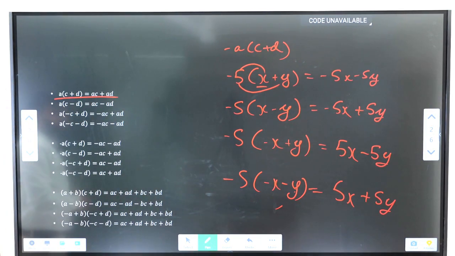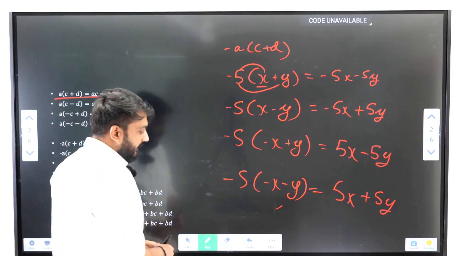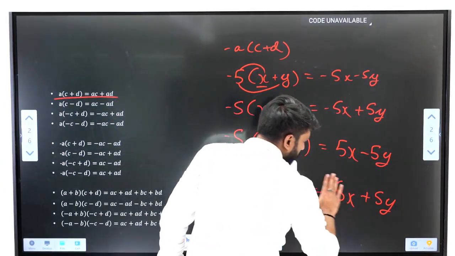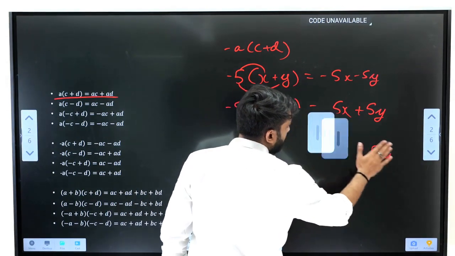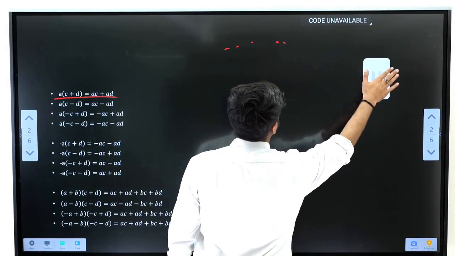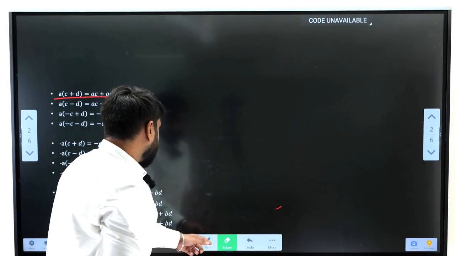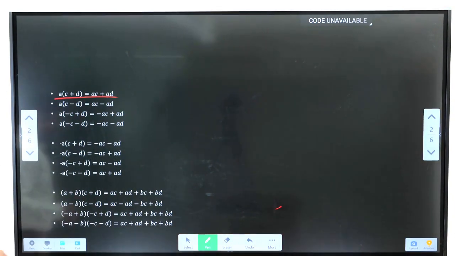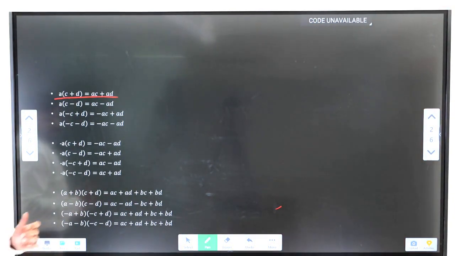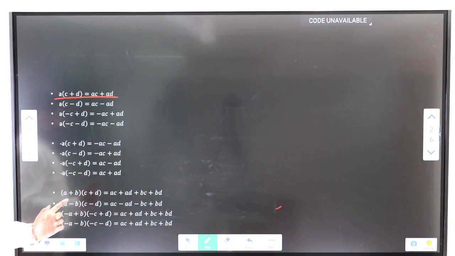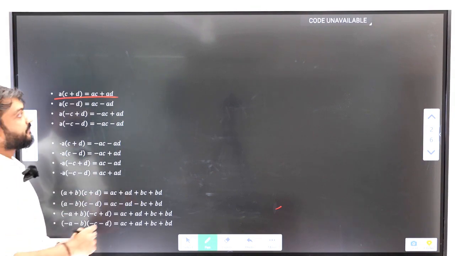Now, let's extend this further. So far, we had only one digit or one variable outside the bracket. Now, what if there are two brackets, both having two variables or two digits? That is why you will see that this particular one, (A plus B) in brackets into (C plus D).